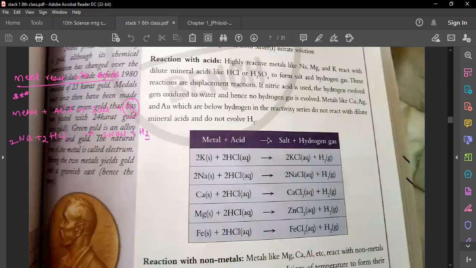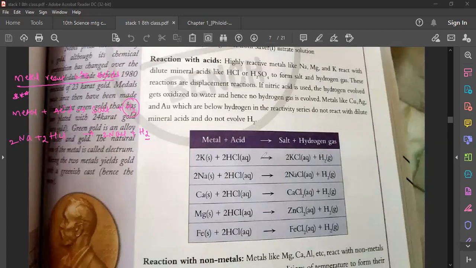Can you see this? Yes, sir. 2K plus 2HCl gives 2KCl plus H2. KCl is the salt. Always metal plus acid will produce salt plus hydrogen gas. Copy this one, okay? Any metal and any acid will always produce hydrogen gas only, constant.